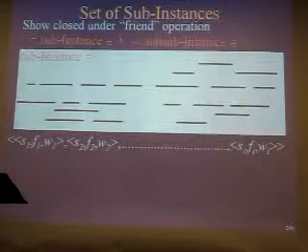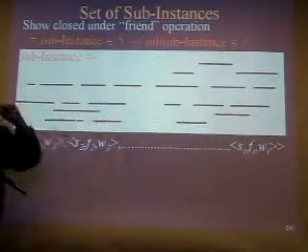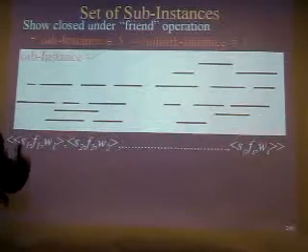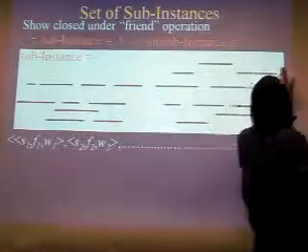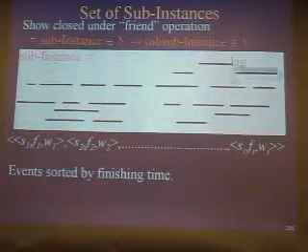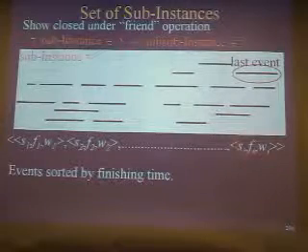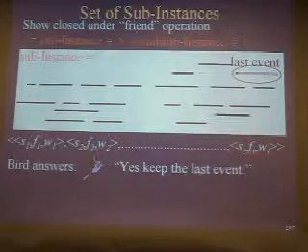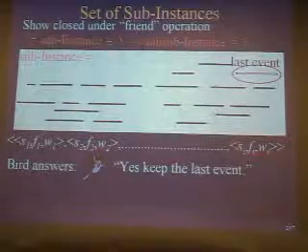All right? So suppose that this was my subinstance. Which object do I ask the bird about? This one, the one with the latest finishing time. I ask the bird about that event, and if she says keep it, then what do we delete?